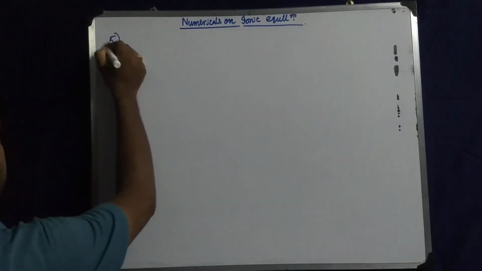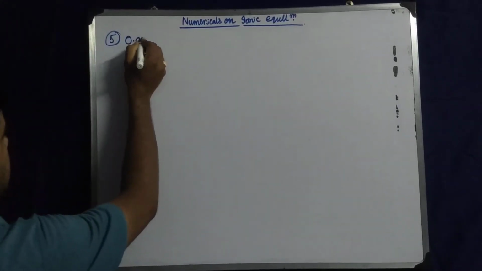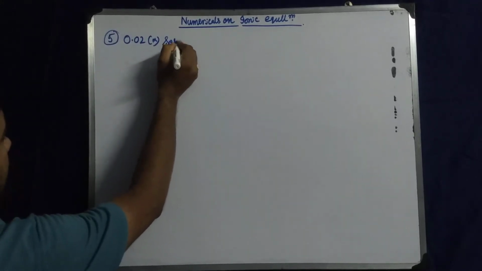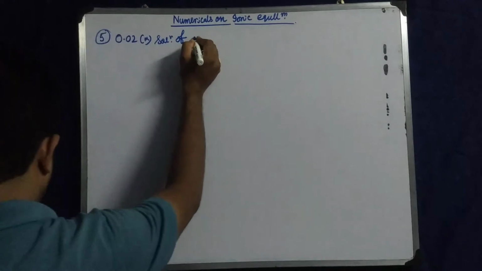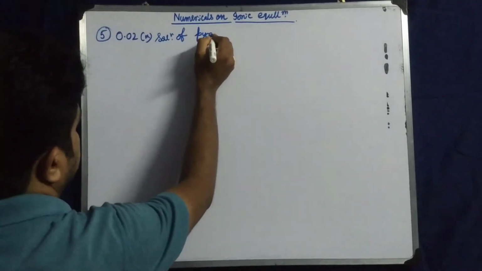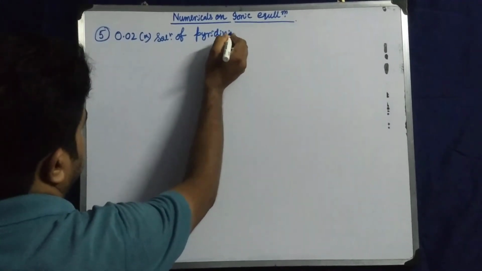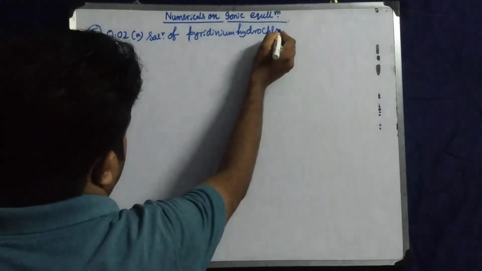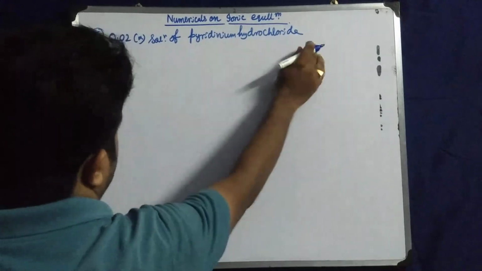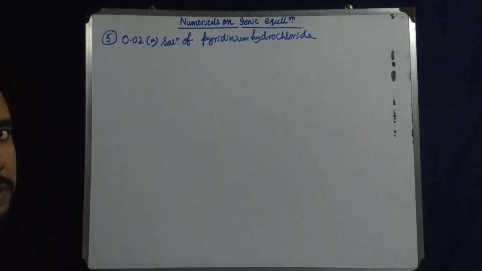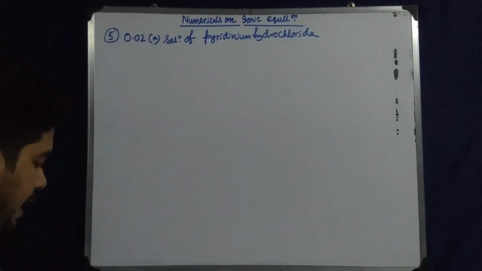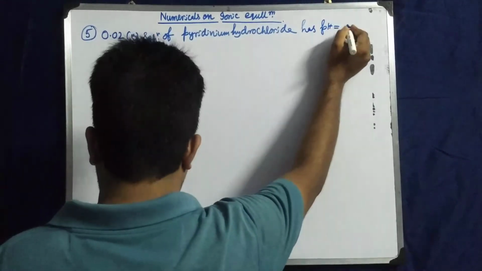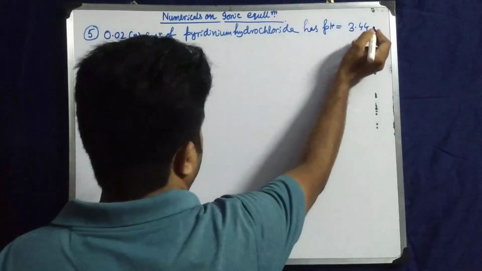0.02 molar is the fourth type, actually same type. 0.02 molar solution of pyridinium hydrochloride. Remember, this is a salt. Okay, it is a salt solution. Pyridinium hydrochloride, obviously an organic compound. It has pH 3.44.